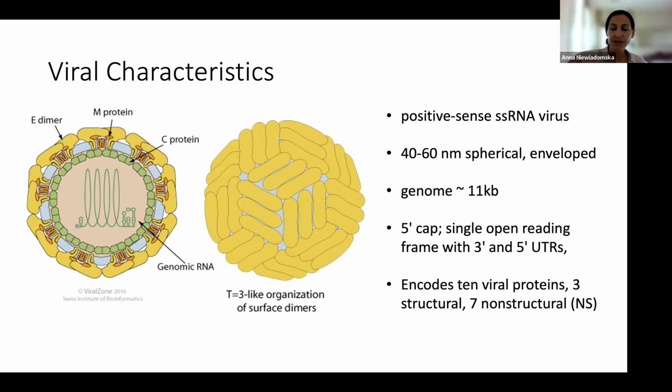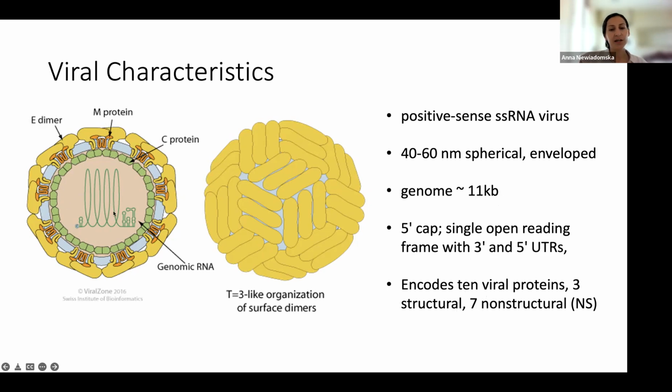The virus genome itself is also quite short and compact. It's only about 10 to 11 kb, depending on the species. They have a 5' cap, and all the proteins are encoded in a single open reading frame with 3' and 5' UTRs. And this open reading frame actually encodes 10 viral proteins, 3 of them which are structural proteins that make up the basic parts of the virus, including the envelope, membrane, and capsid protein.